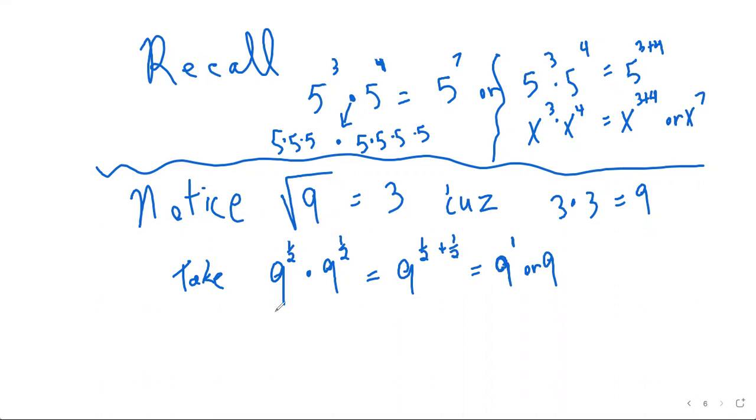That could mean a lot of things, but what I noticed that it means is that whatever 9 to the 1/2 power is, you could take it times the same thing and get a 9, which 3 does. 3 is a number that you could take times the same thing and get a 9.